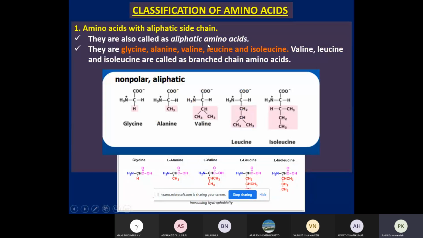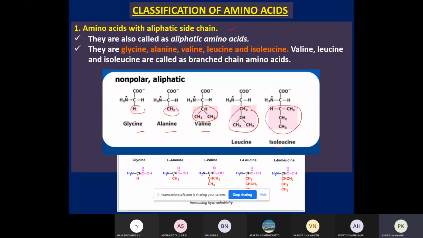The first one is the amino acids having an aliphatic side chain: glycine, alanine, valine, leucine, and isoleucine. All these have an aliphatic side chain. This is the basic structure of the amino acid.